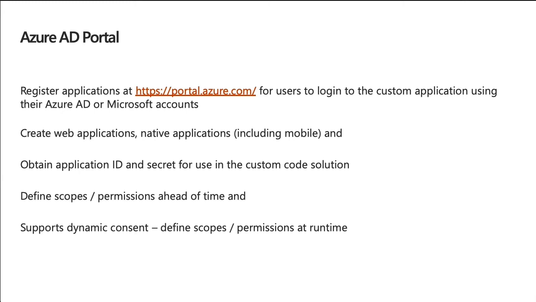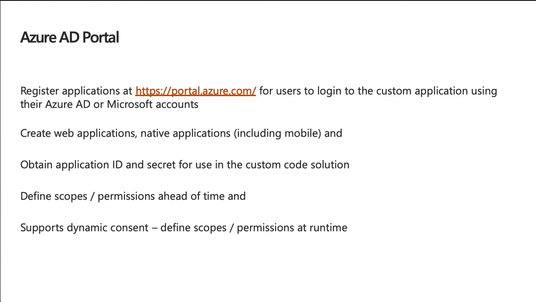If you have an Azure subscription, you can use the Azure portal to do that. But if you don't have an Azure subscription, you can log in using aad.portal.azure.com. And that's going to allow you to log in either with an Azure AD account or a Microsoft account to manage app registrations.